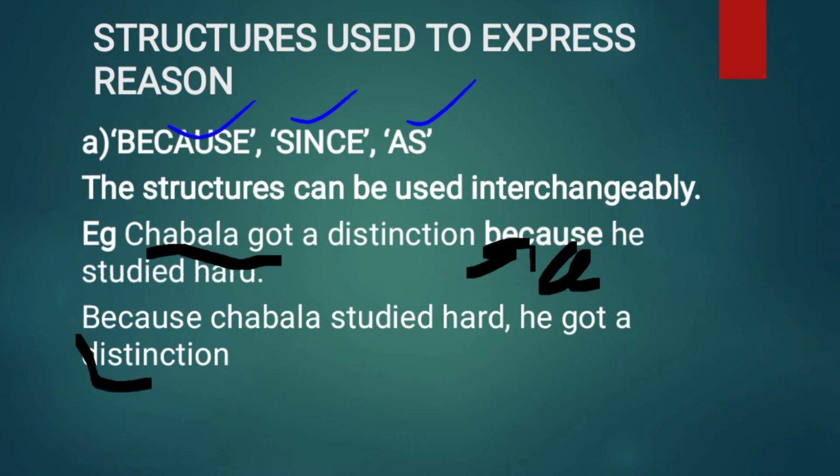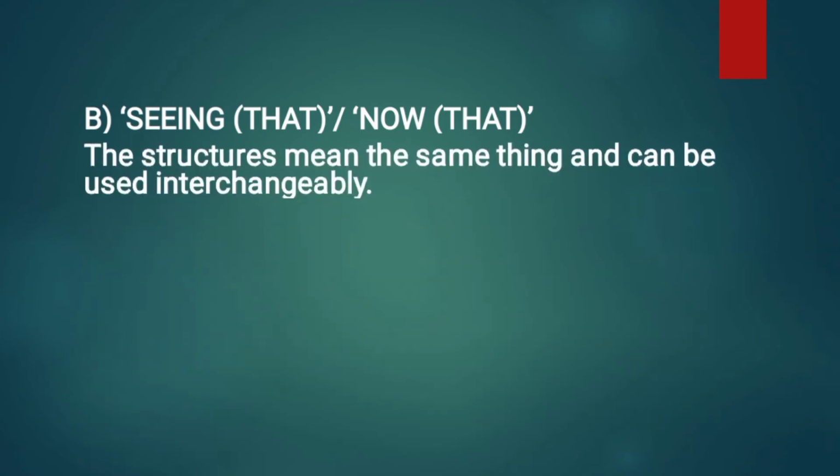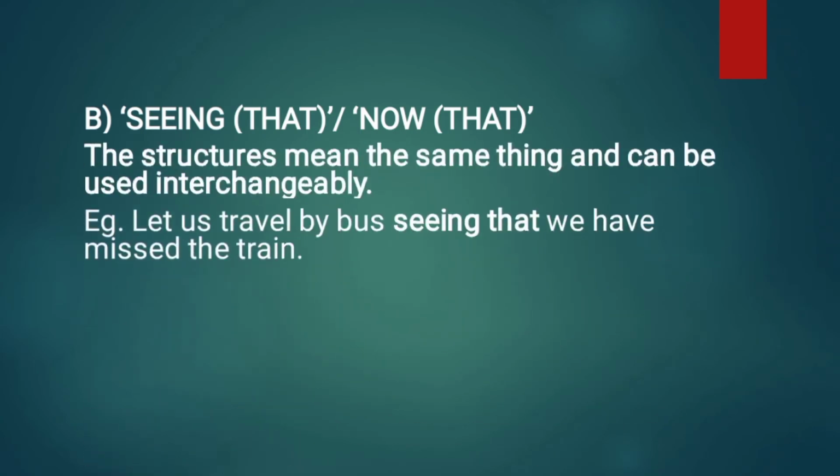So how do we use seeing that and now that? How do we use these two words? They are also used to express reason. For example, let us travel by bus, seeing that we have missed the train. So the subordinate clause here is us missing the train.